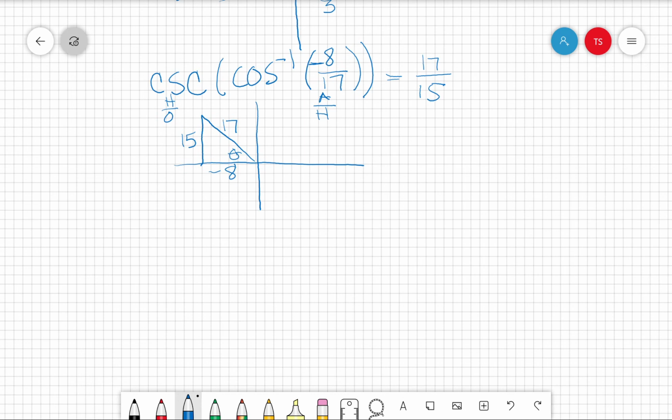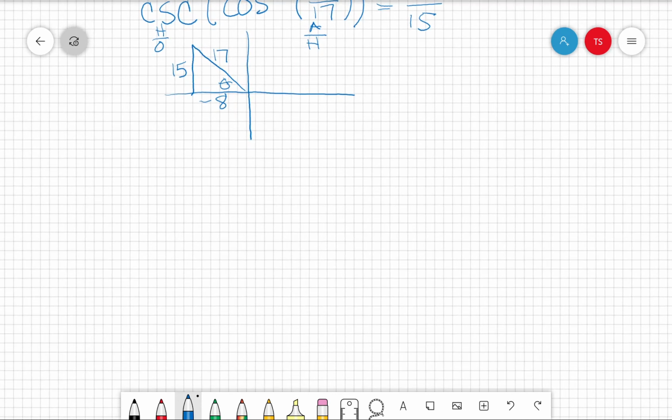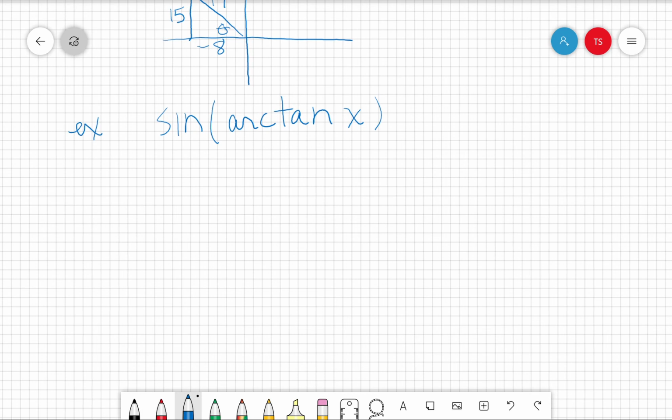And now an extension of a problem like this for calculus might be, what is the sine of arctan x? So we're not given a number, we're just given a variable. And so we can still draw a triangle that represents that. I'm just going to draw it in quadrant 1. And this is saying my opposite over my adjacent side is equal to x. Well, I can write that as x over 1. And to find the sine, I'll need my hypotenuse.